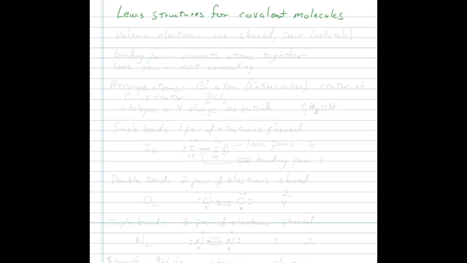In a covalent molecule, the valence electrons are shared between two atoms. When they're sharing, they share pairs. They're really sharing orbitals of the electrons.